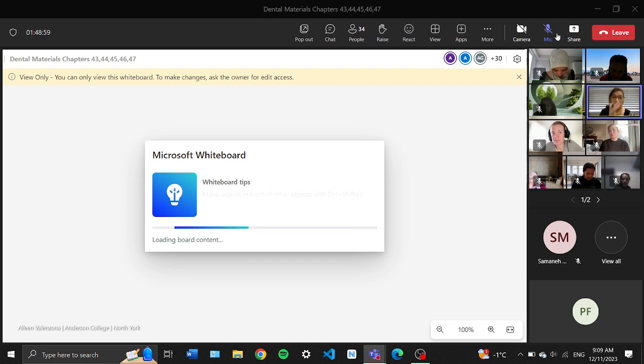So this is for composite. We place etchant first, only on enamel, if it is enamel. And then we wash it. How long? According to manufacturer's instructions.